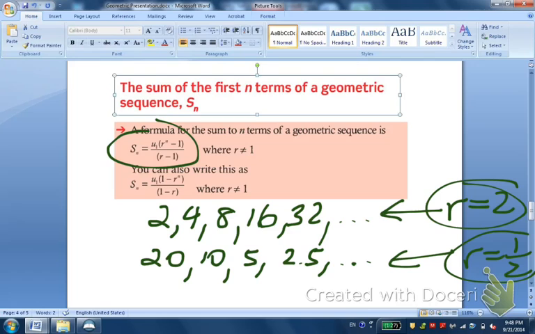And for the second sequence, where r is a half, and because a half is less than 1, it's a good idea to use the second sum. This is just good practice. There is no rule. You could use either of the two formulas, but it's good practice to use them for each sequence separately according to the value of r.